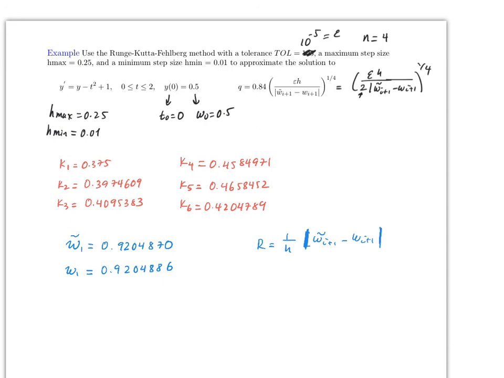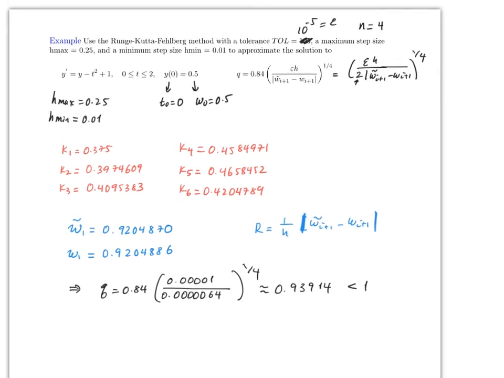So if we plug in the values for q, we end up that q is equals to 0.84 times 0.00001 over 0.00064, everything to the 1/4, and this is around 0.93914, which is clearly less than 1.